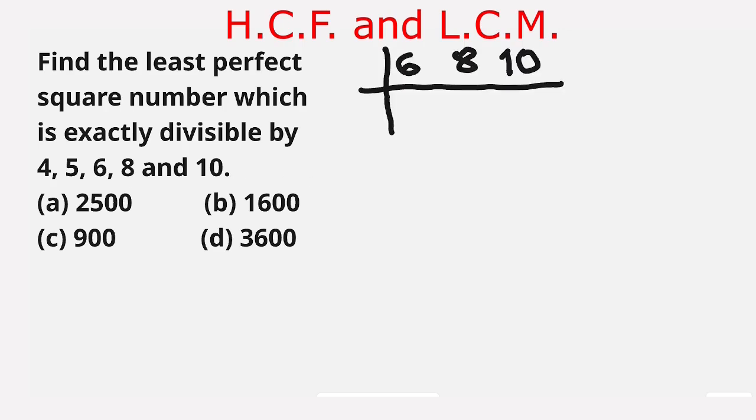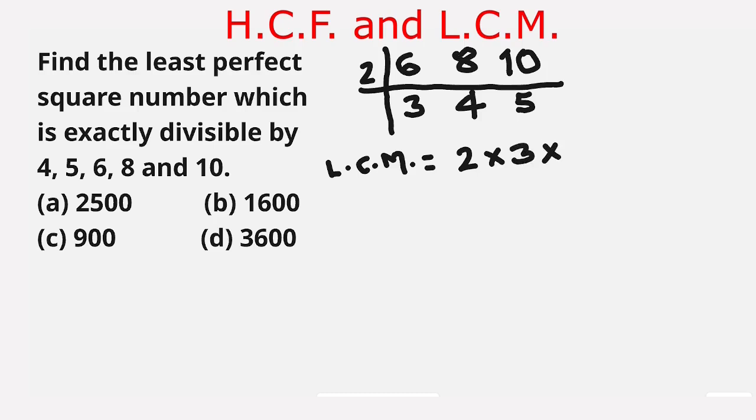We find the LCM by common division method. We first divide these numbers 6, 8 and 10 by 2. 2 divides 6 three times, 8 four times and 10 five times. LCM is equal to 2 multiplied by 3 multiplied by 4 multiplied by 5.